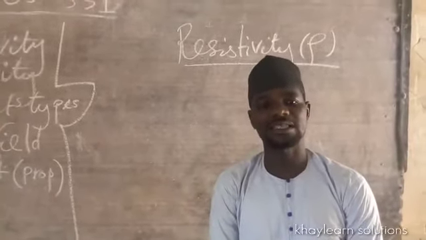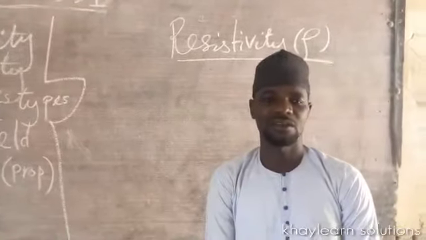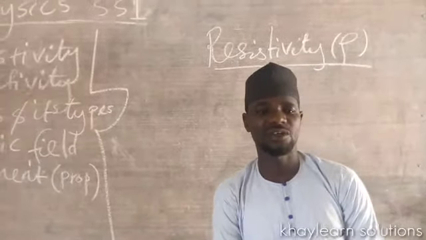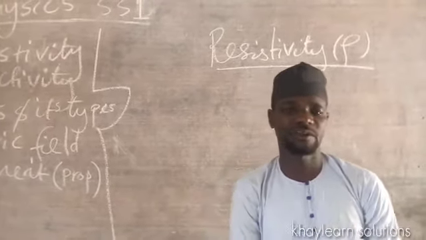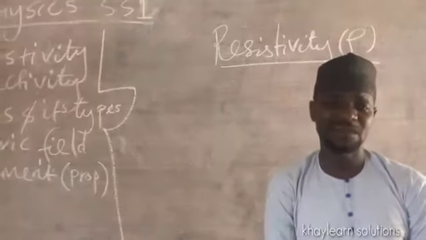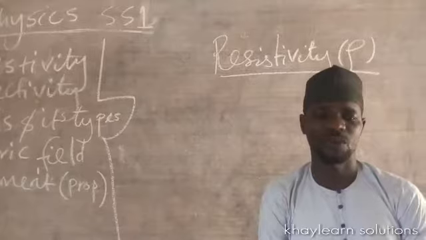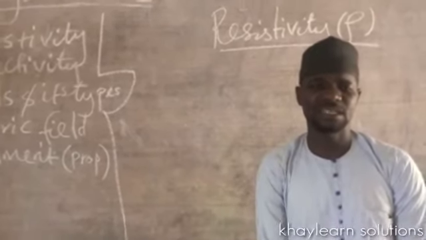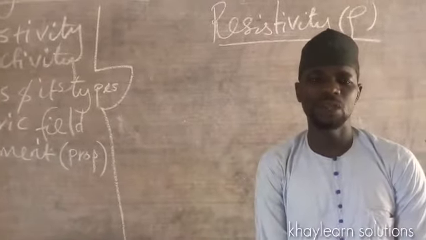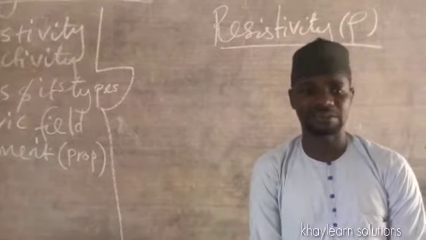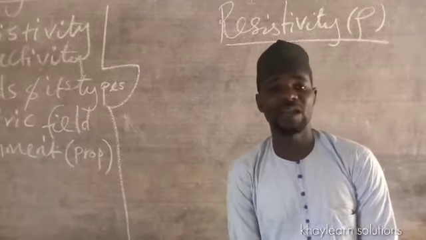Why? Because it has a high resistivity. So resistivity and conductivity are inversely proportional. The higher the resistivity, the lower the current it gives out, while the higher the conductivity, the lower the resistivity a metal possesses.